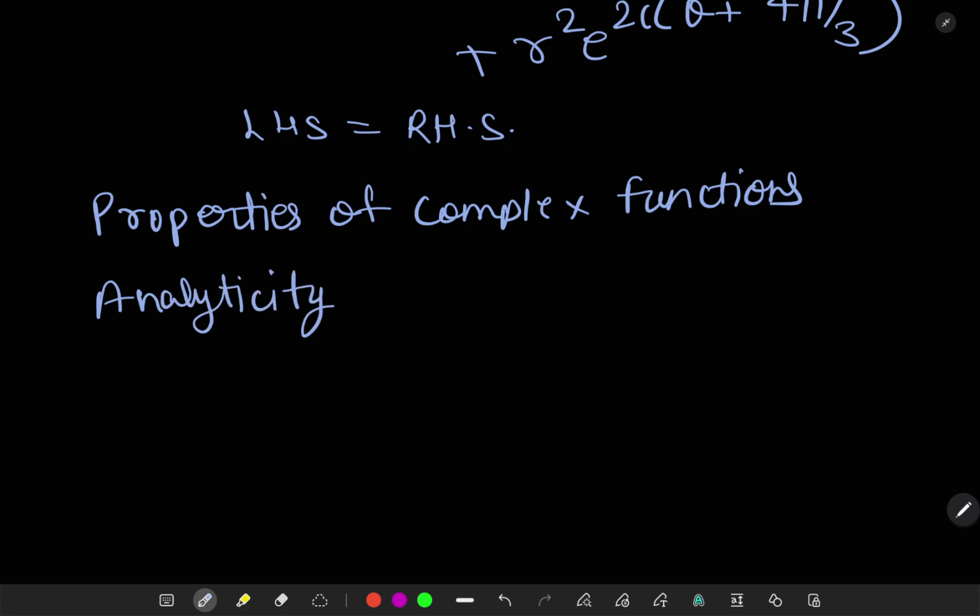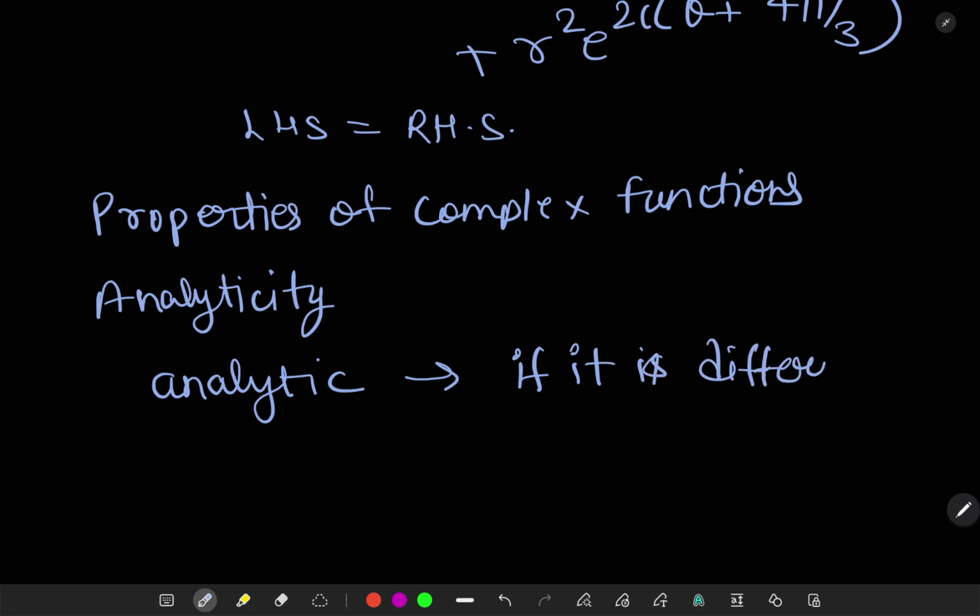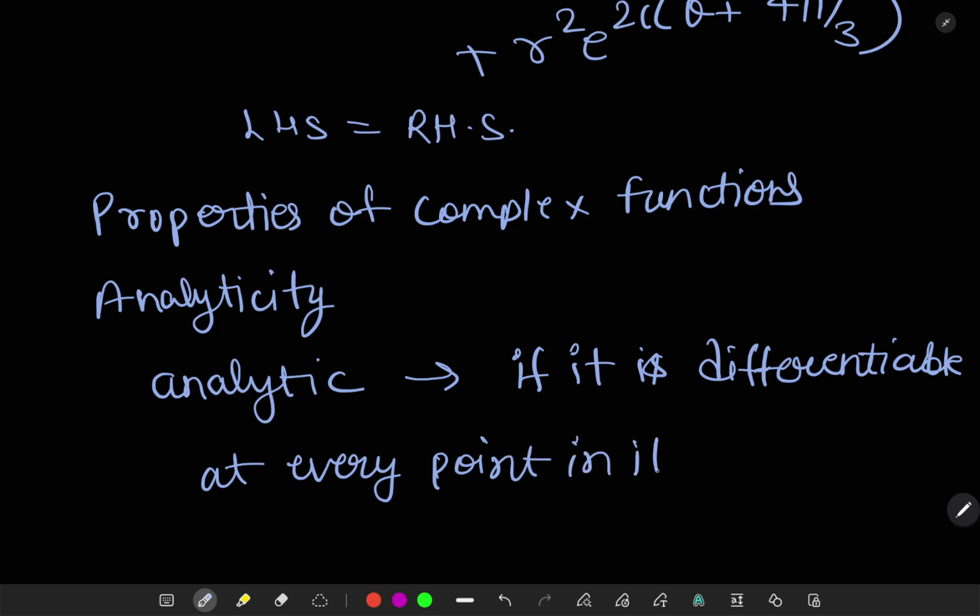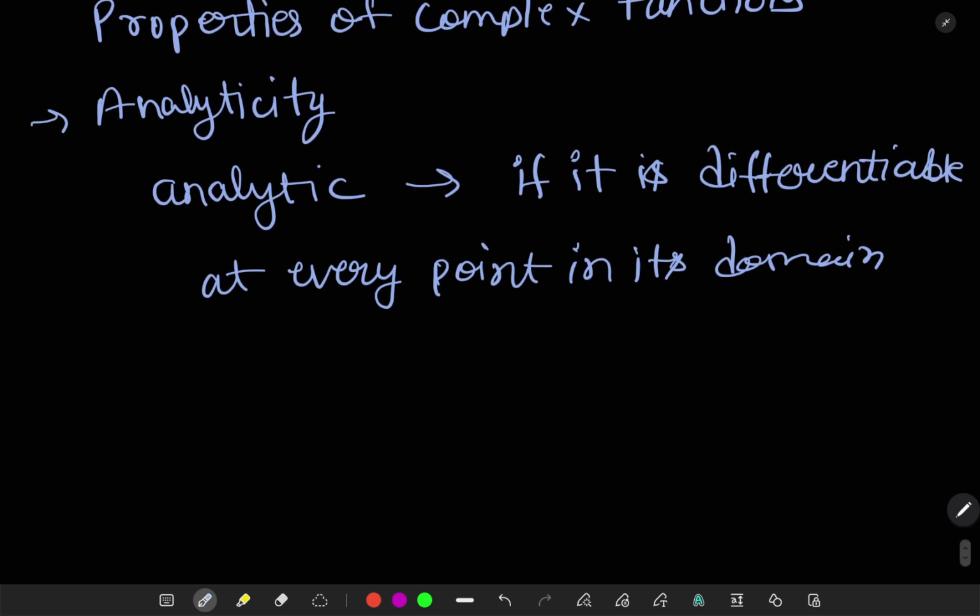A function is analytic or holomorphic if it is differentiable at every point in its domain. Second is the Cauchy-Riemann equation.